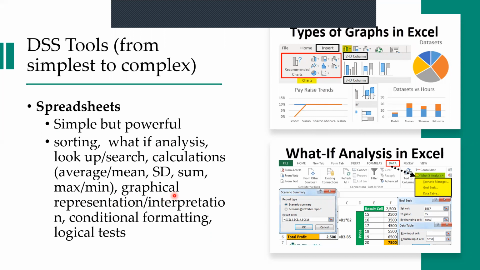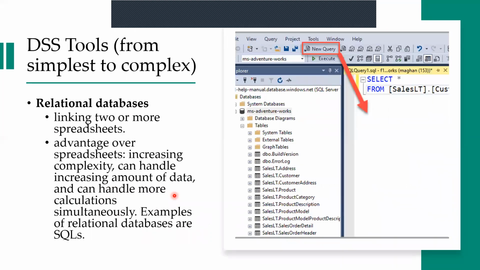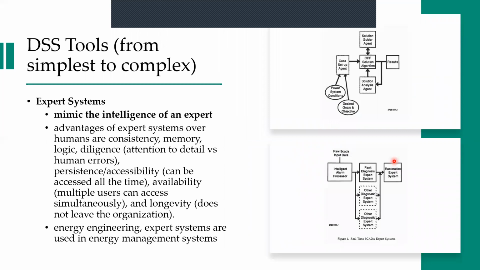I'm sure you're familiar with Excel sheets or Google Sheets. Next is relational databases. And these are done by linking two or more spreadsheets. What are the advantages over a single spreadsheet? Of course, obviously, it can handle more data with increasing complexity and can do more calculations. So an example is an SQL database.